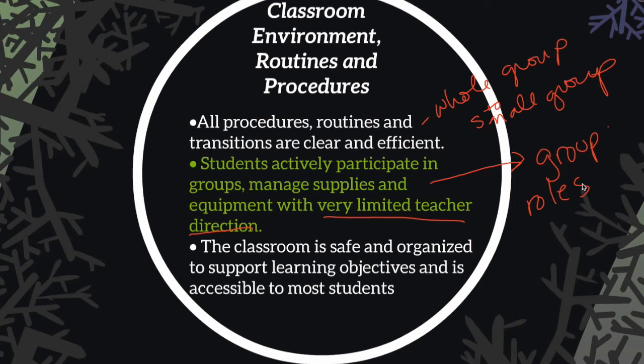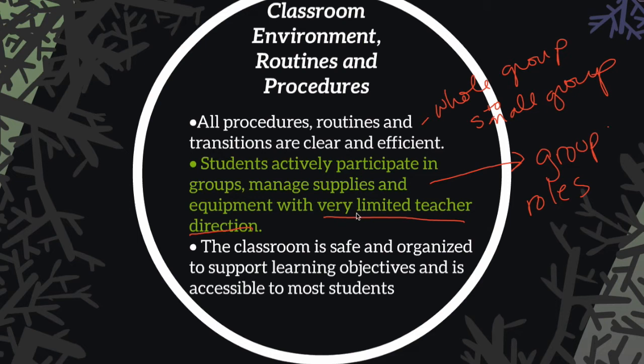In the TTESS tips folder in Google Drive, there is a file that has a whole page of different group roles and responsibilities that you can assign kids, and they get very creative. So that would be one way to really help with getting kids to participate in groups and manage their supplies and their equipment when they're working.